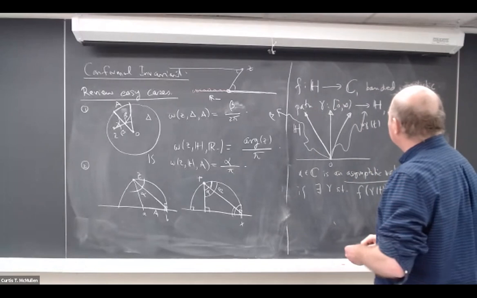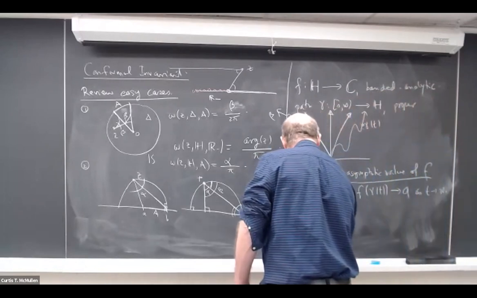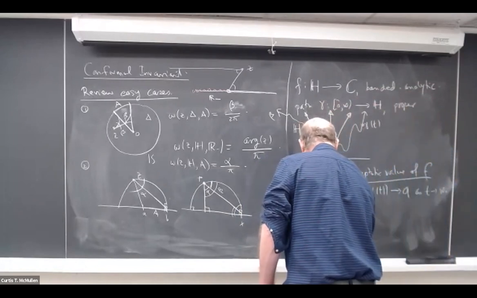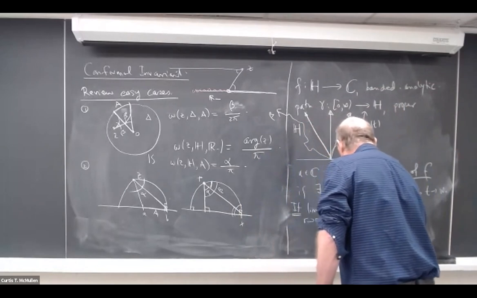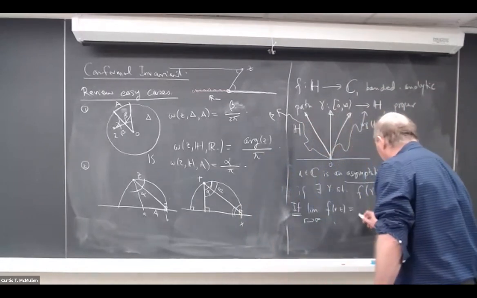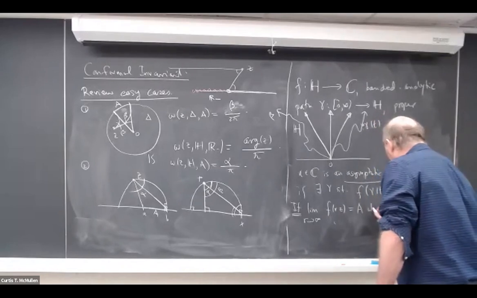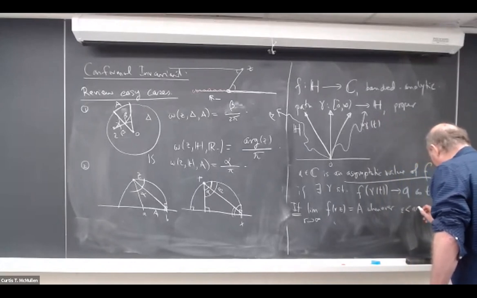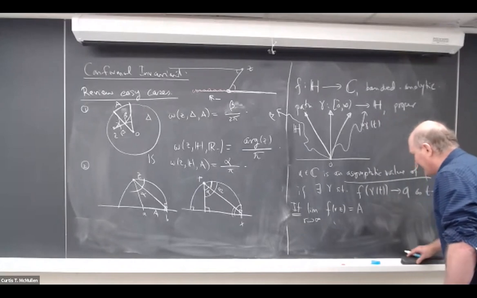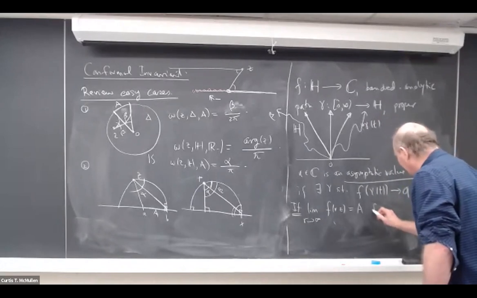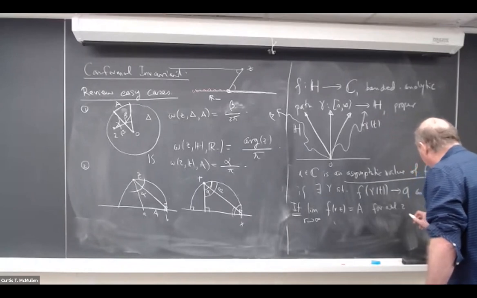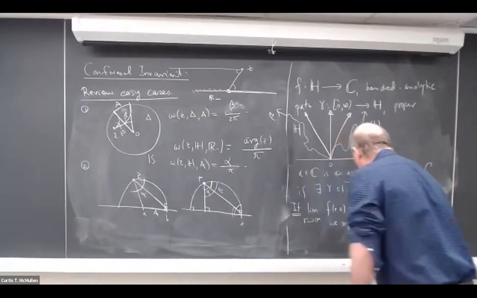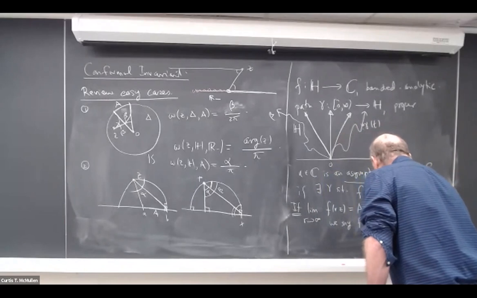So if the limit as r goes to infinity of f of rz is equal to, let me call it capital A, for all z in the upper half plane, we say f has a radial limit.